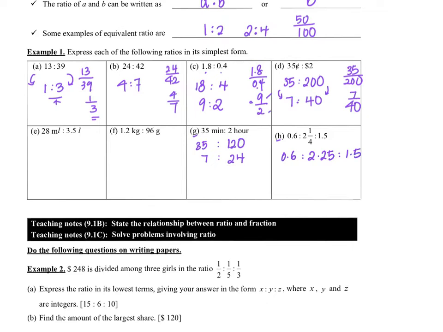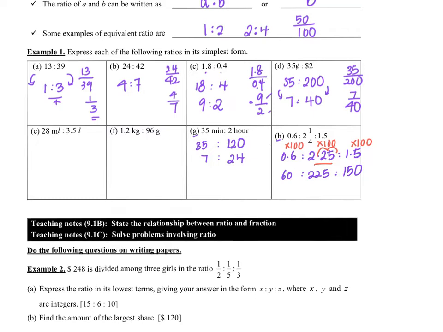Now 2.25 has 2 decimal places. In that case, I need to times 10 times another 10. That means I need to times 100 throughout the whole ratio to get rid of decimal places. So if that's the case, I'll get 60 is to 225 is to 150.